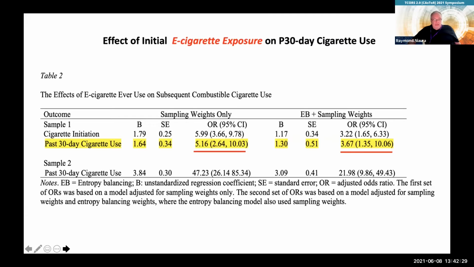You notice that the odds ratio, where we just do this analysis with sampling weights only, which is the effect of e-cigarette use on subsequent cigarette use, is 5.16. When we do the entropy balancing, that odds ratio decreases to 3.67.